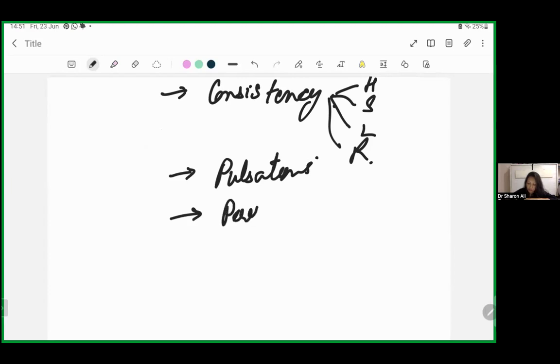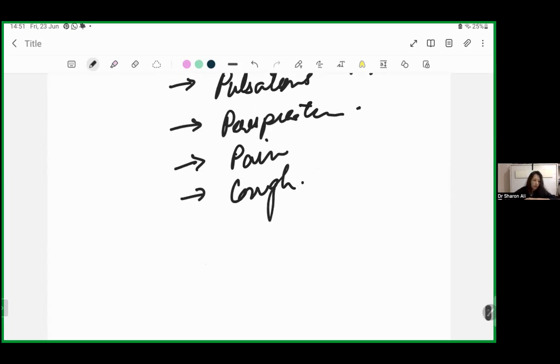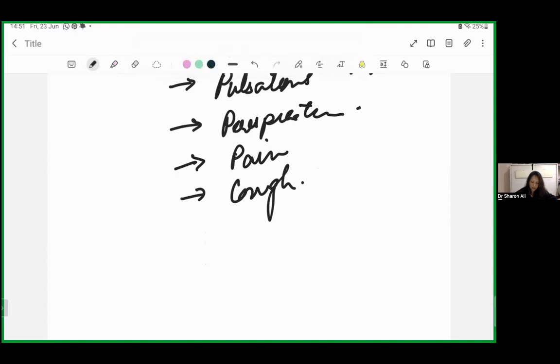Perspiration in that area. Is there pain when the patient is being examined? Does the patient cough when we examine? So these are some of the things that he mentions, and of course, every single one of these things which he has mentioned has indications in homeopathy.